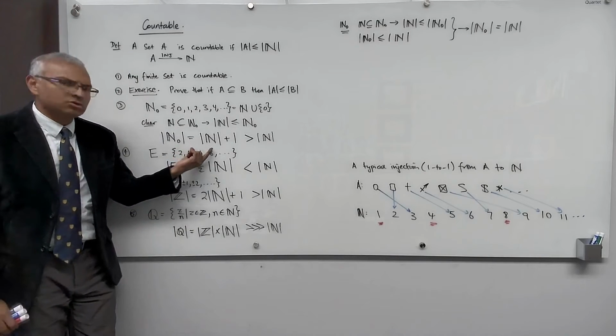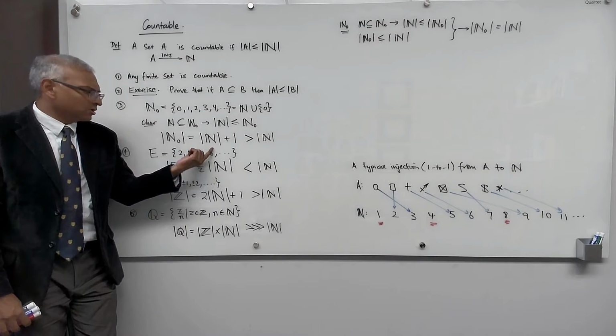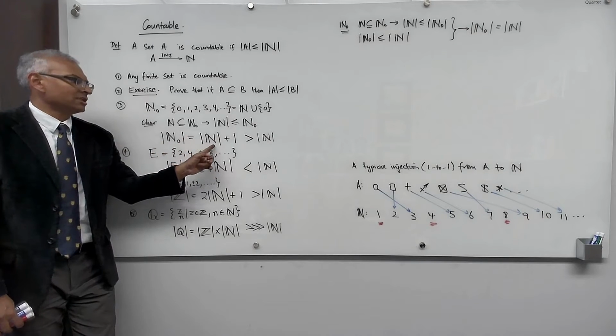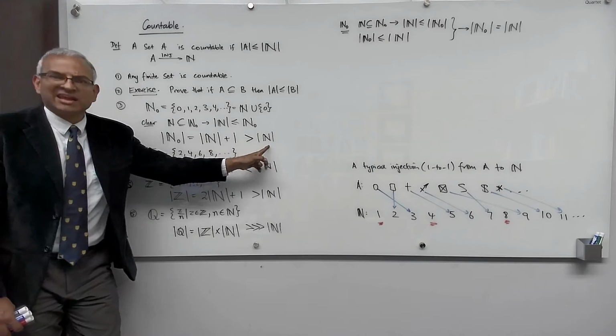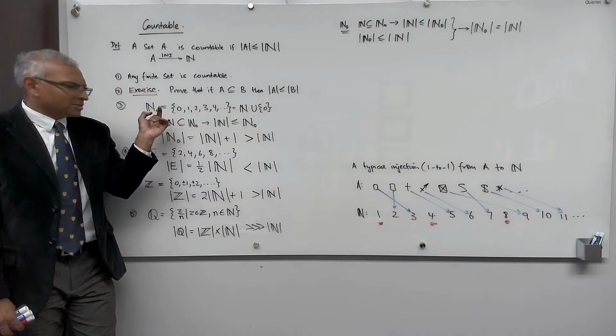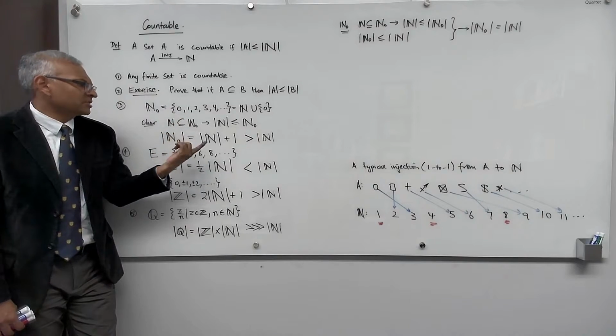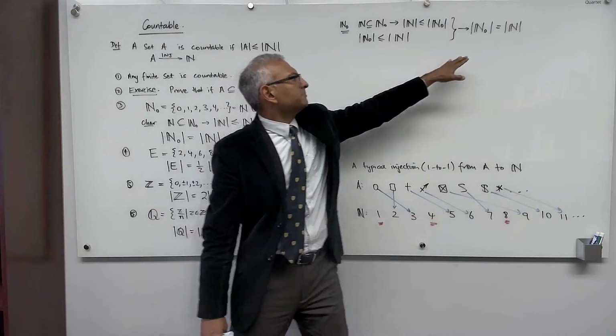Because didn't we just argue without any ambiguity, without any reservation, that the cardinality of N0 is the cardinality of N plus 1, which is strictly greater than N? Because look, N0 has strictly more elements than N. How is it possible that their cardinalities can be the same?